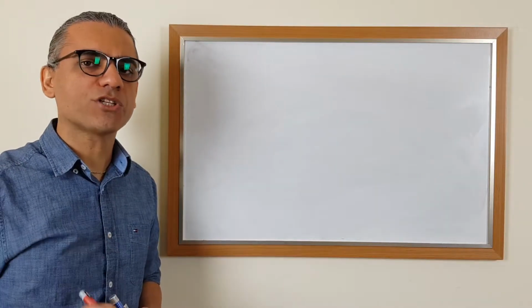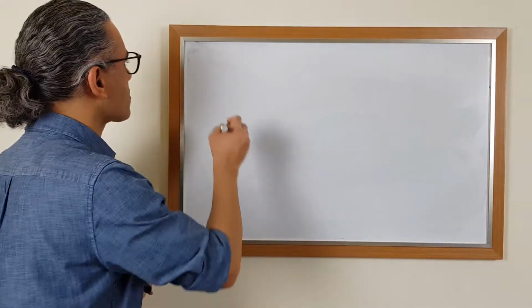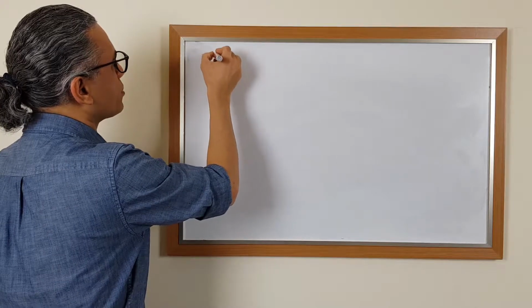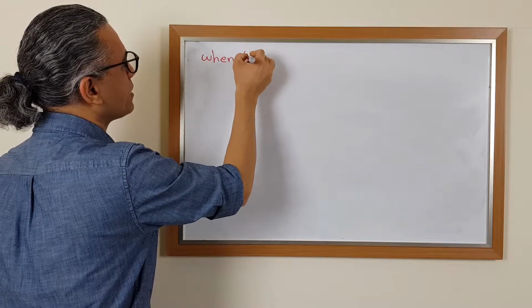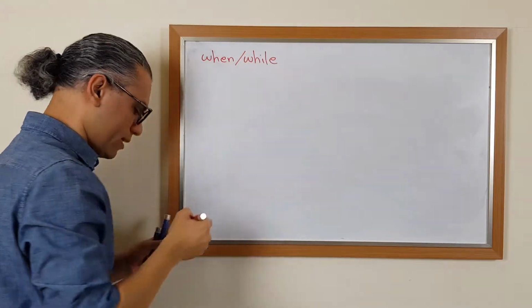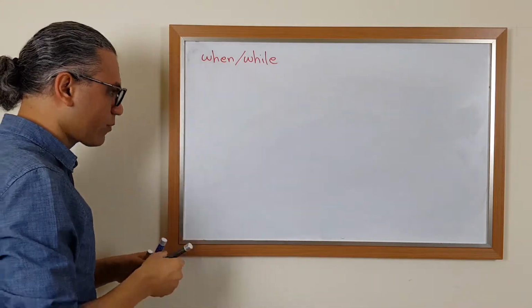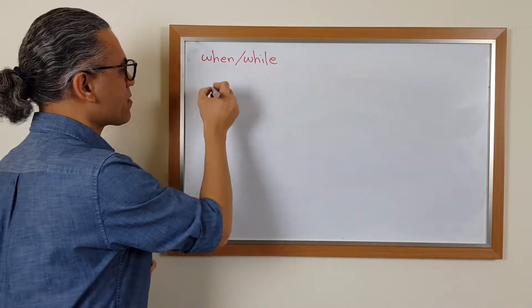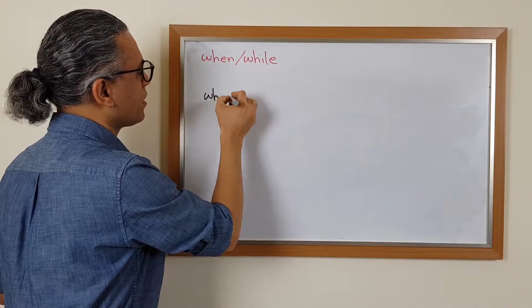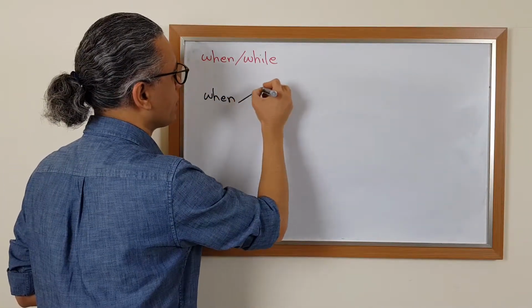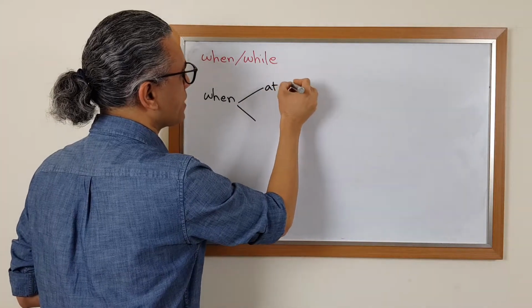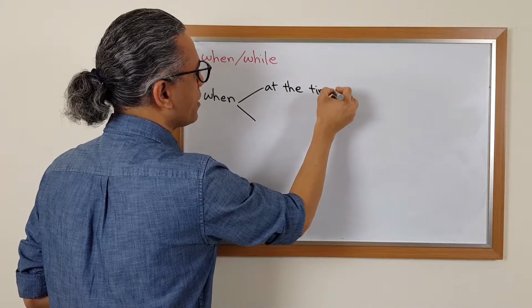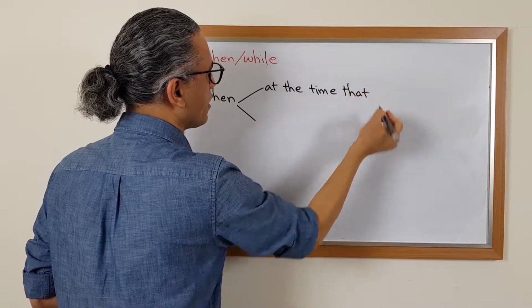Now, a point before we get to the exercises. It's about when and while. When can have two meanings. Sometimes it means at the time that.